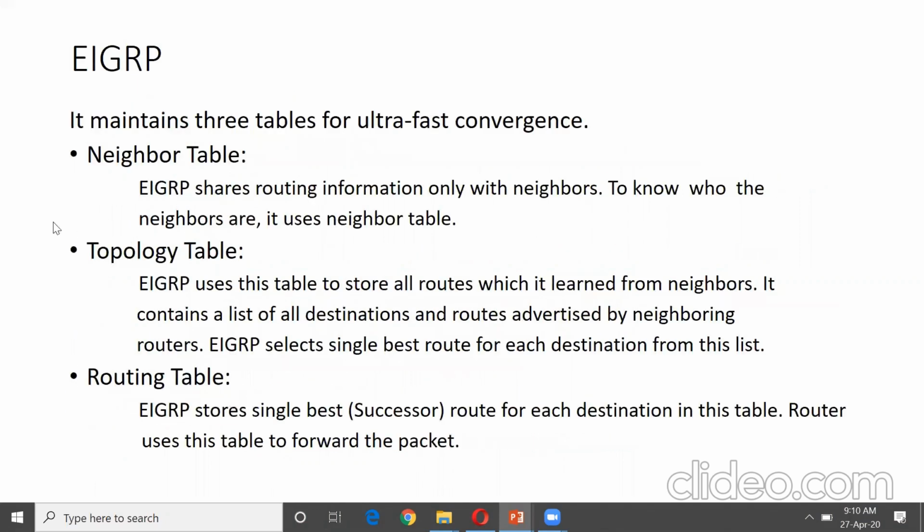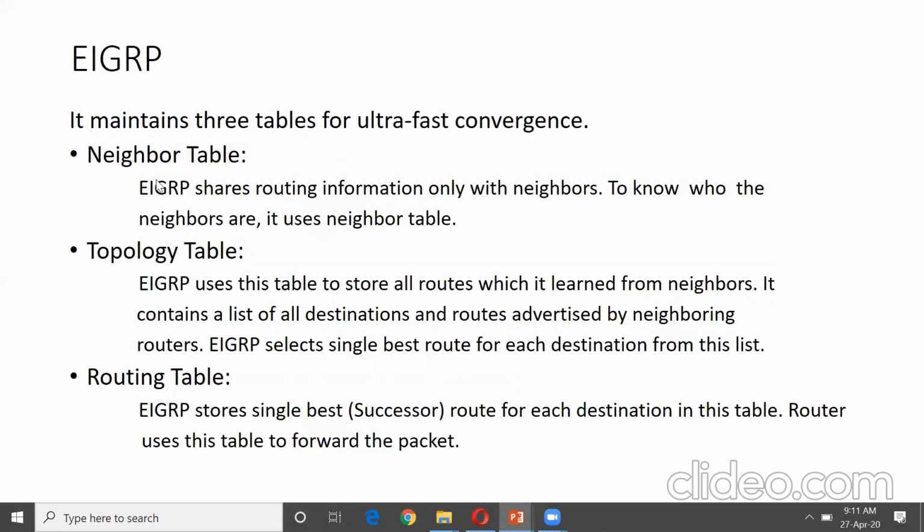Now EIGRP maintains 3 tables at the router for ultra fast convergence. First is the neighbor table, then the topology table, and the routing table. In the neighbor table, EIGRP shares routing information only with neighbors. As in OSPF, in EIGRP also the neighborhood relationship is established by sending hello packets.